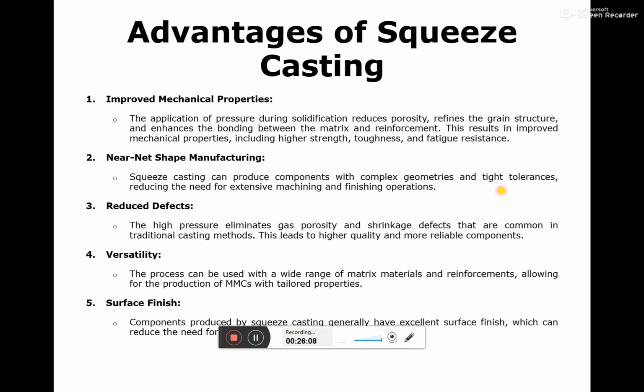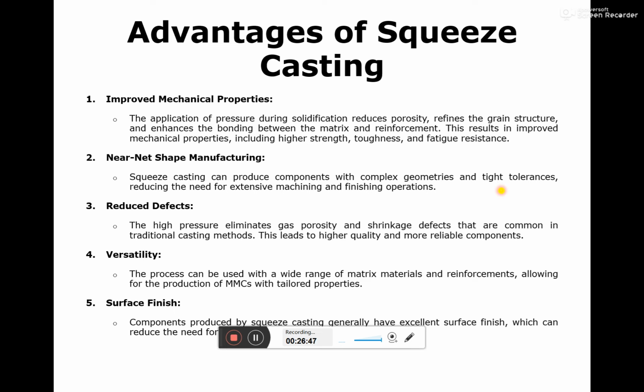The advantages of the squeeze casting process: compared to stir casting, the mechanical properties are improved, and we can produce near net shape products, with tighter tolerances. Compared to stir casting, gas porosity and shrinkage defects can be reduced.